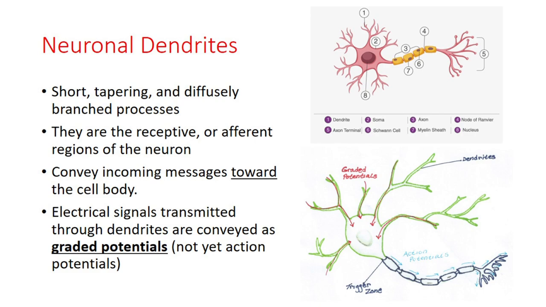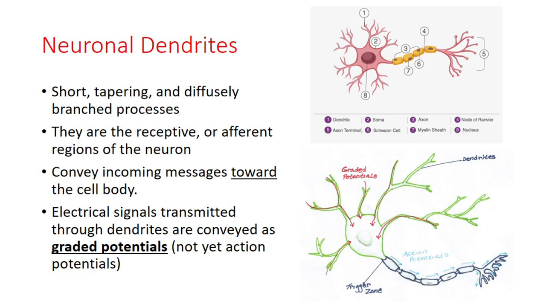They also tend to be the afferent region of the neuron because signals that hit the dendrites are going to travel towards the soma. The soma is almost the kind of integrative system for an individual neuron. So all messages that hit the dendrites are going to be conveyed as messages coming toward the cell body.